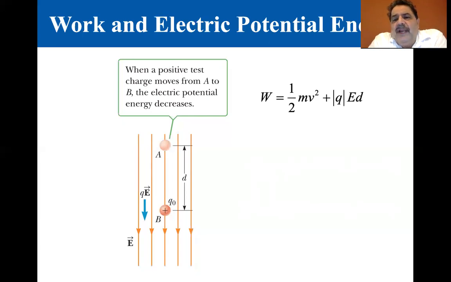The work is equal to 1/2 mv squared, the kinetic energy of the proton, which has some mass, plus the QED, the D being the distance from A to B.